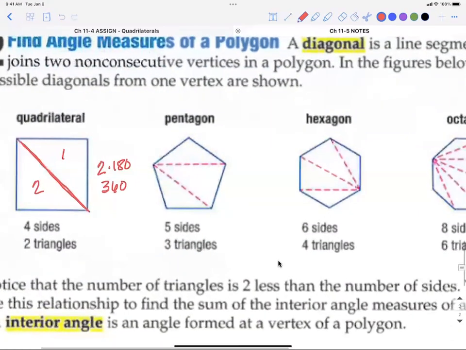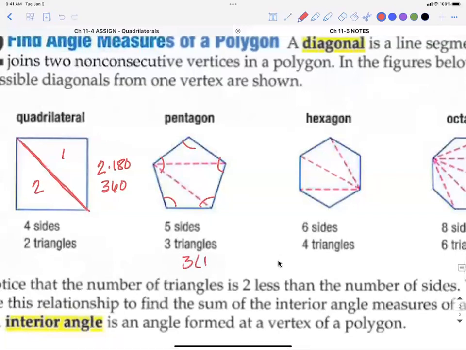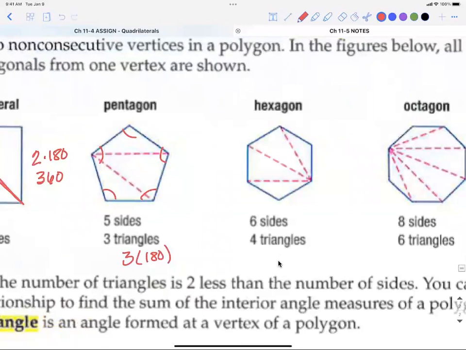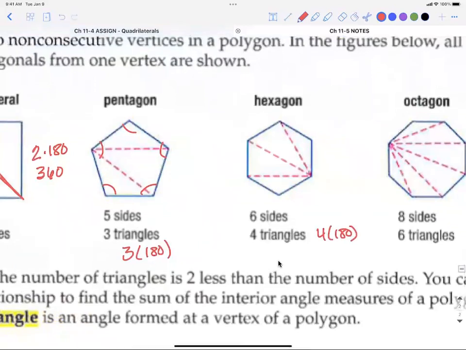So if we wanted to find the sum of each one of these angles on a 5-sided figure, we would take 3 times 180. That would give us the sum of all those angles. If we had a hexagon, it's 6-sided, so we would take 4 times 180 because it creates 4 triangles, and so on.